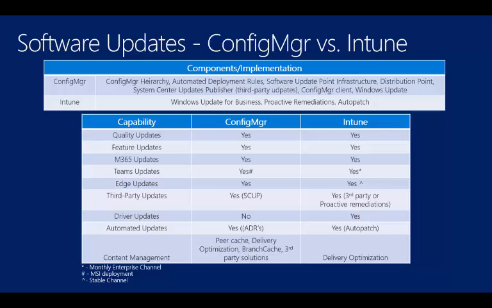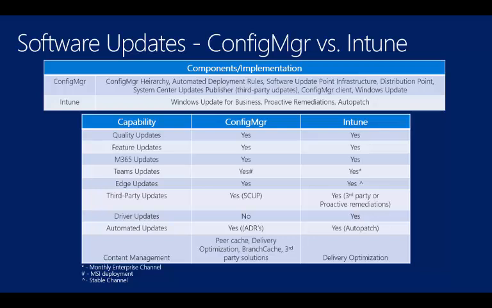And then AutoPatch, again, it's not a unique software update delivery mechanism, but it works in conjunction with Windows Update for Business as more of a managed ability to use Windows Update for Business and fit structurally around it to really deliver a streamlined approach to software update deployment in your organization.